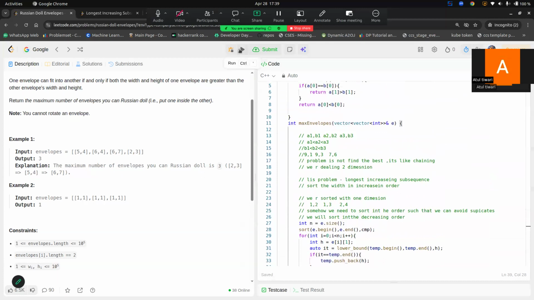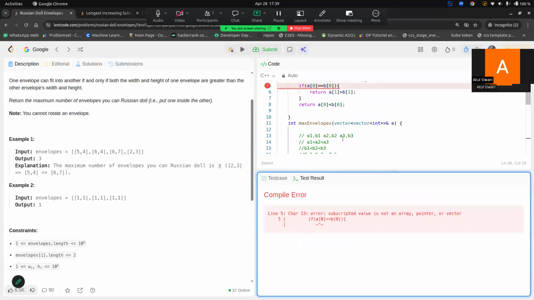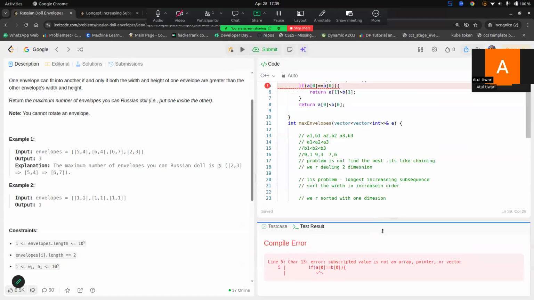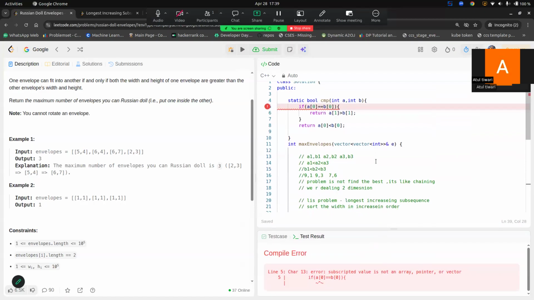So this should be it. Let's try to compile here. Static bool comparison, okay, we can't do it like this, so we need to pass our vector. Or we can write a lambda also, right?